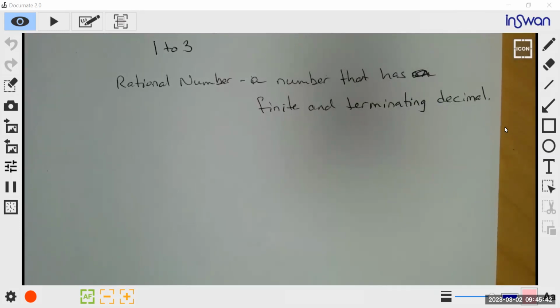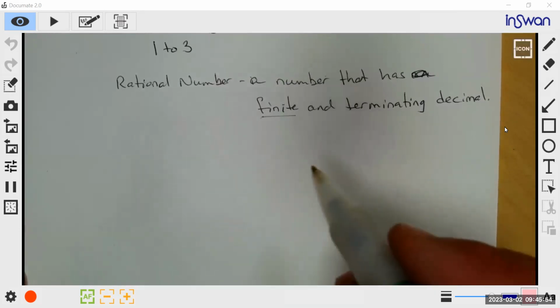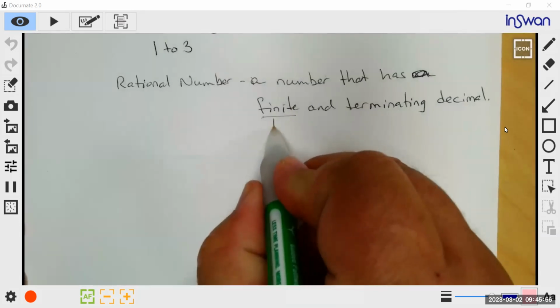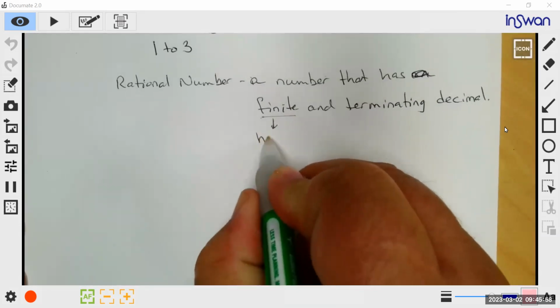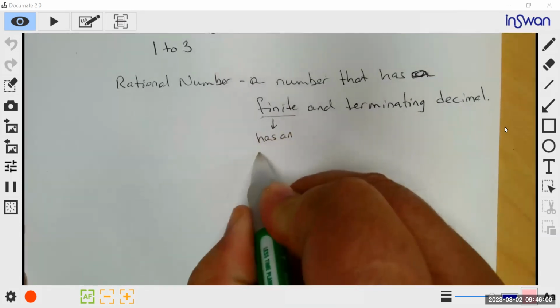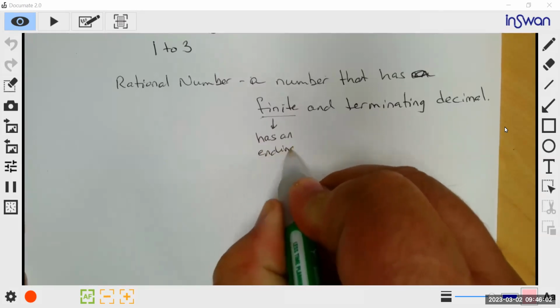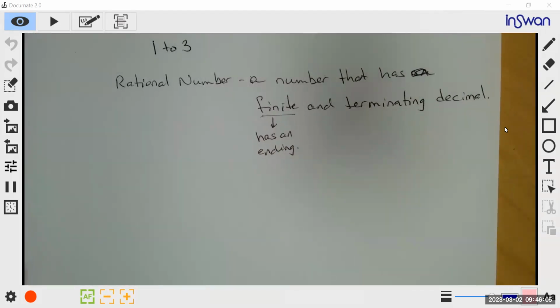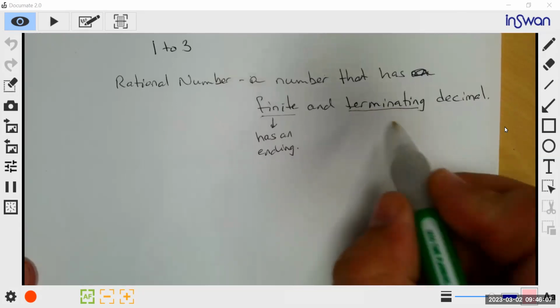What does that mean? Finite. What does finite mean? Has an ending. Terminating is just that.